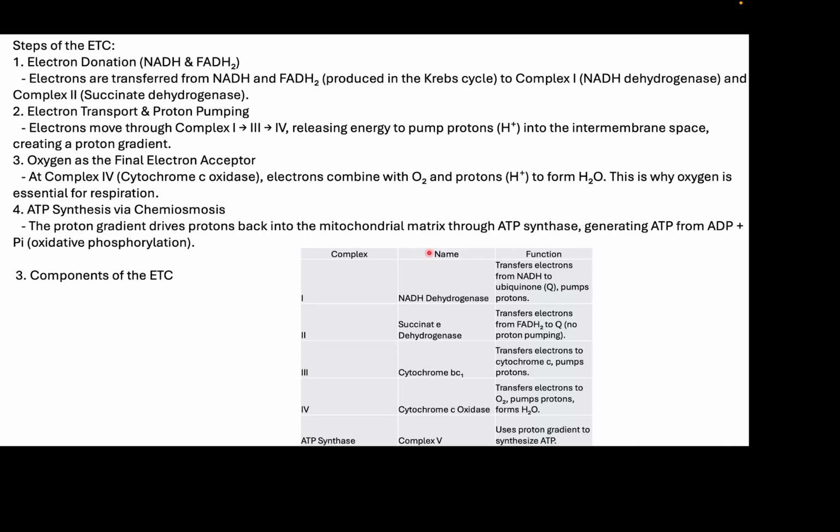ETS is a process made up of four complexes and ATP synthase. These complexes are proteins at the end of the day. Now imagine some mutation has happened, and we don't know what that mutation is, but because of it complex 2 stopped functioning.